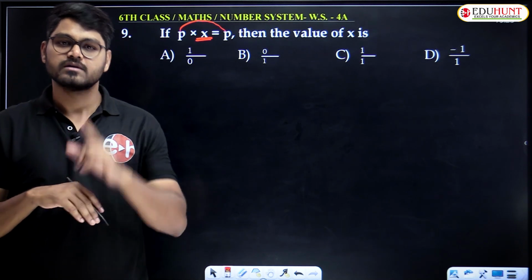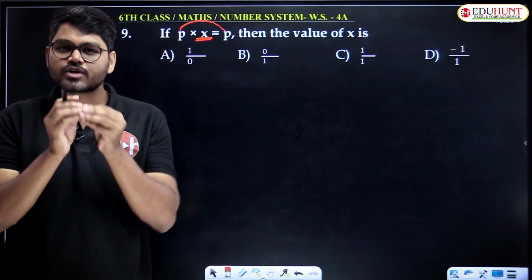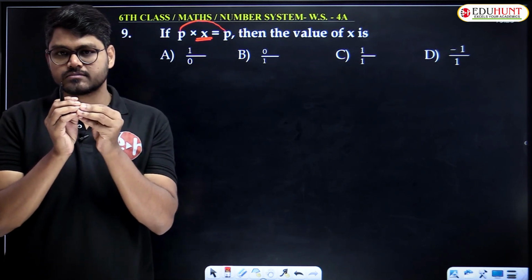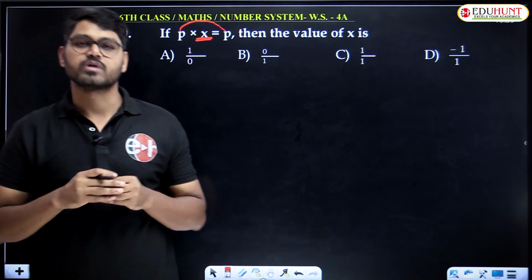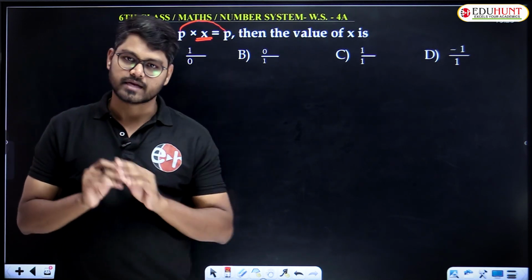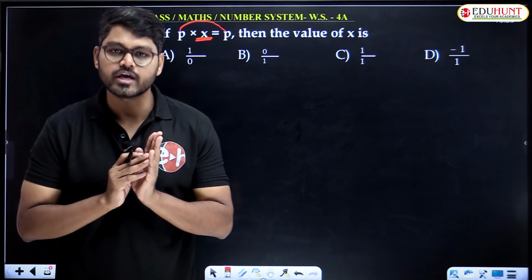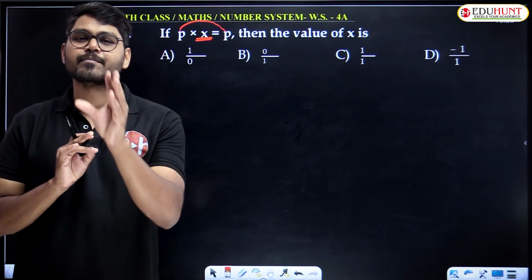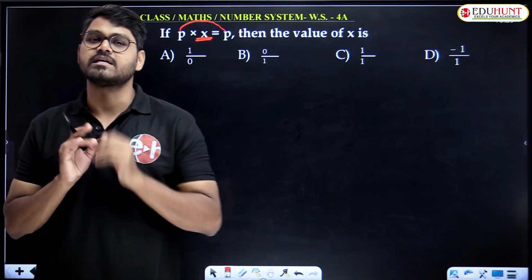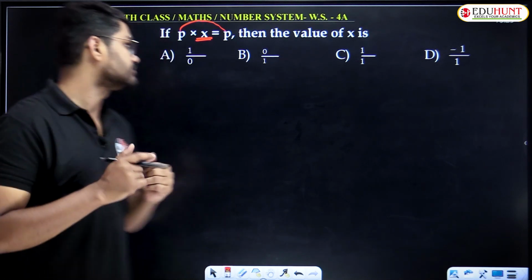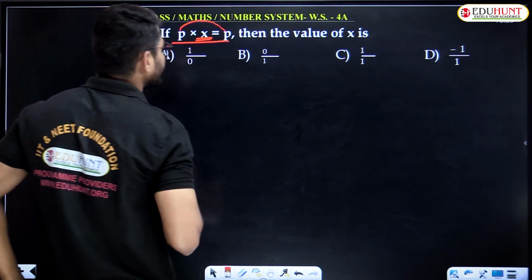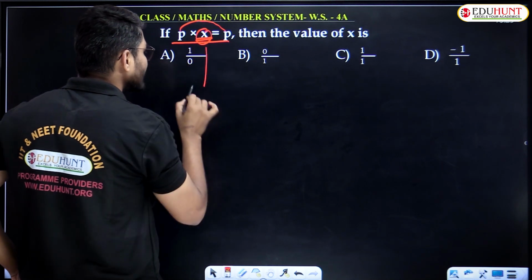Already we have discussed, 1. 1 into any number you take, that is the original number only. 1 into 10 is 10. 1 into 5 is 5. 1 into minus 2 is minus 2. When you multiply any number by 1, you will get the original number as a result. Now see, P into X is equal to P. That means X must be 1 only.